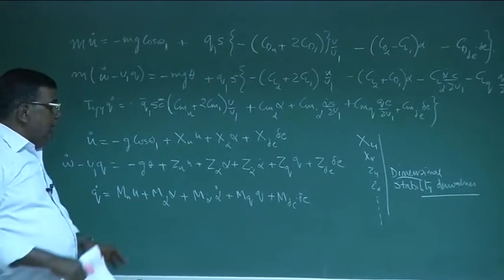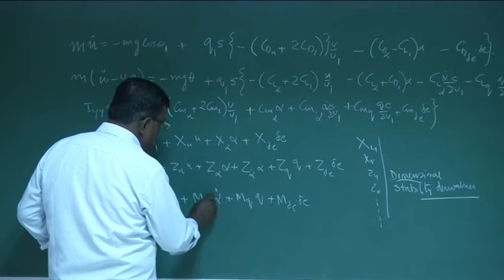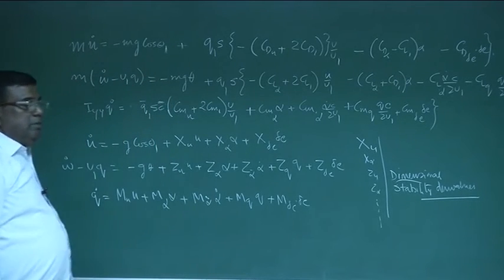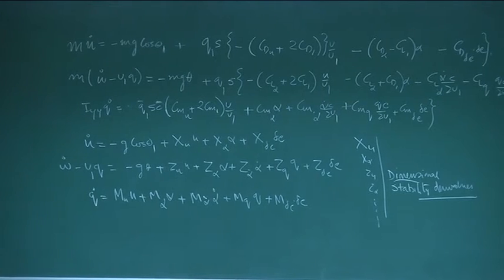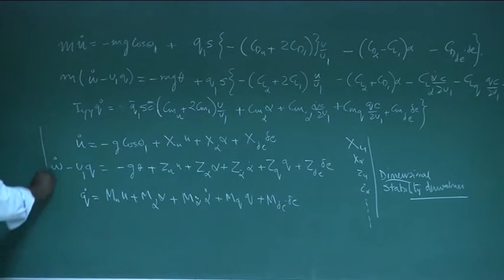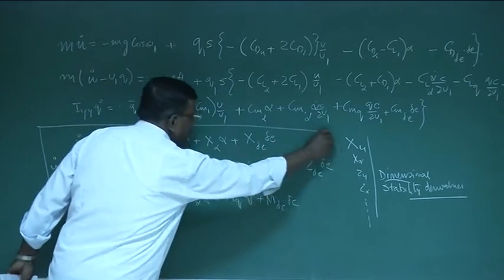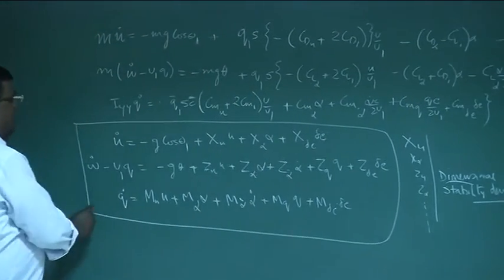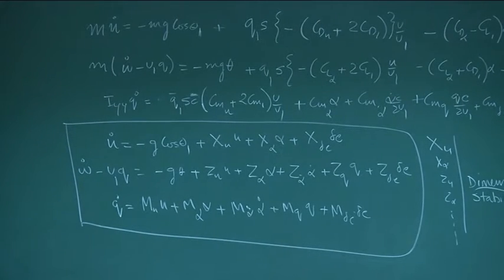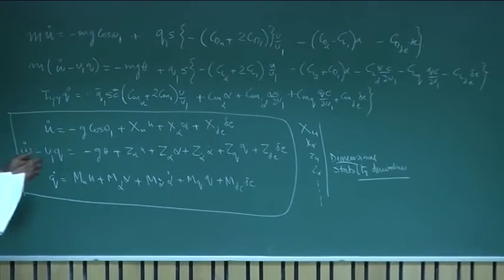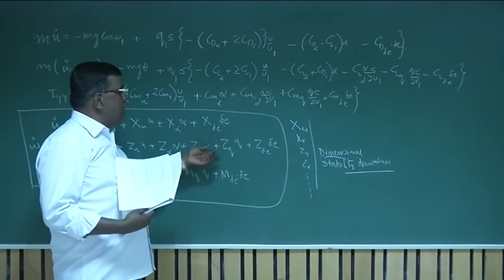If it is alpha dot, then the corresponding non-dimensional derivative is Cm alpha dot. Okay. So once we have this, this is the equation of motion where I have got u as a perturbed u, w as a perturbed w, and q as a perturbed q. Okay. Now for completion, I will also post the exact expressions of Xu, X alpha, X delta e, etc.